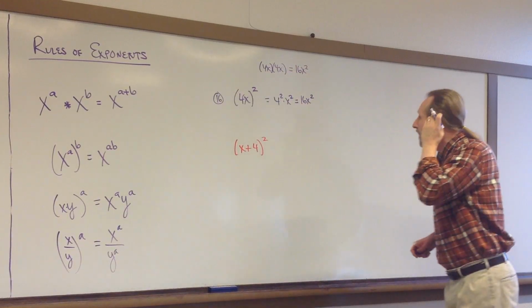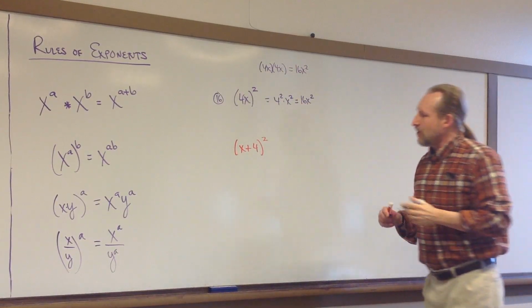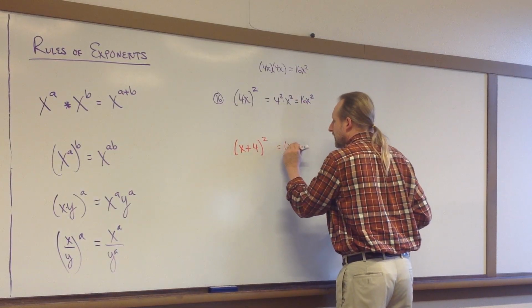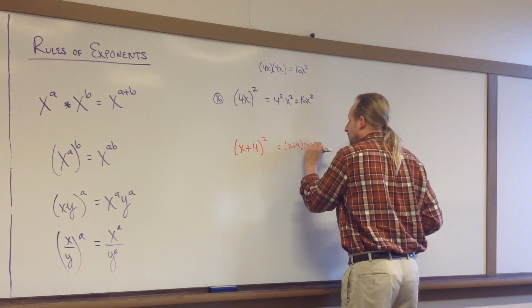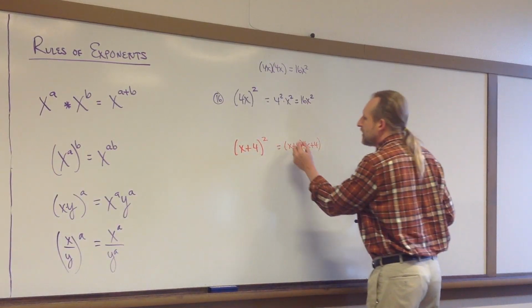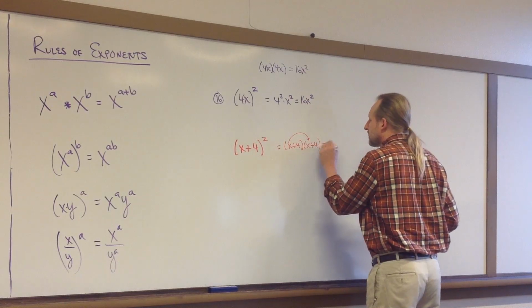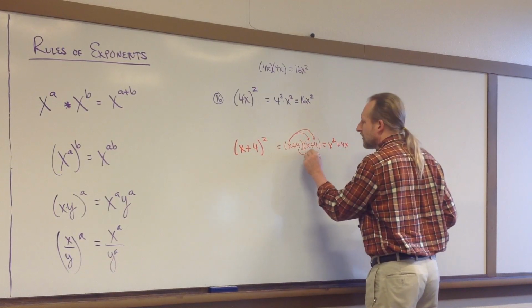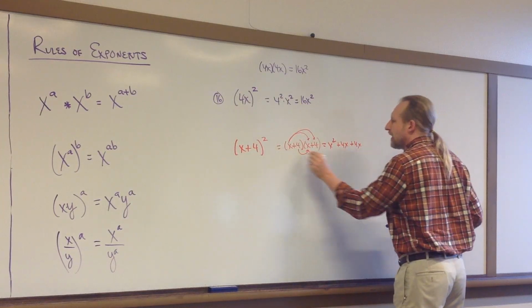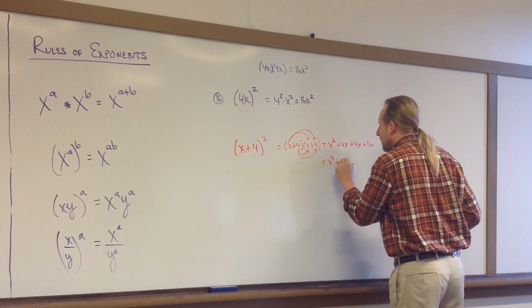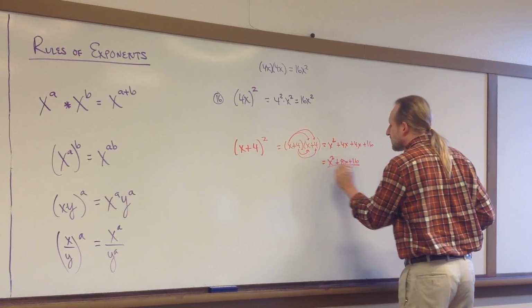Good, okay? Now in this one, and like I said, we'll have an assignment on this at the end of next week, x plus 4 times x plus 4. You have to distribute each one. X times x is x squared, x times 4 is 4x, 4 times x is 4x, 4 times 4 is 16. So you get x squared plus 8x plus 16.